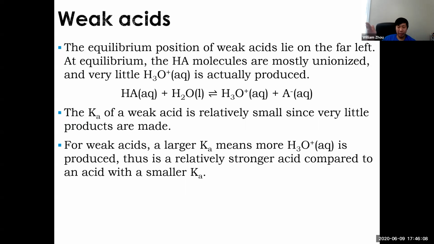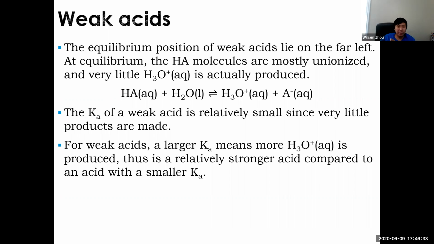But you can have lower Ka and higher Ka amongst weak acids. So they're not all equally weak. Some acids are weaker than others. If you compare between weak acids, a larger Ka means you're stronger. You produce more H3O at equilibrium, so you're stronger because you have a lower pH.